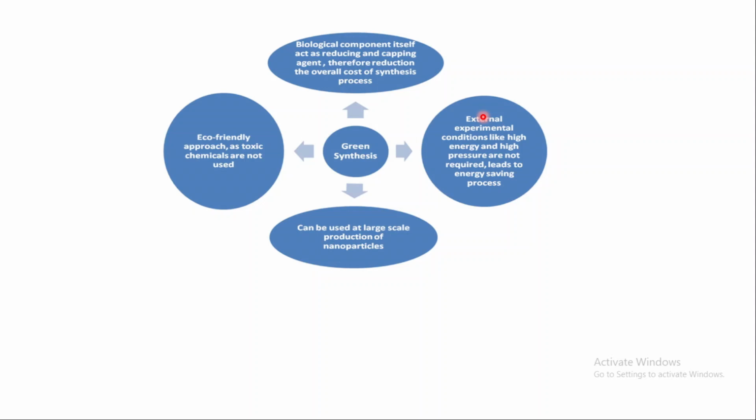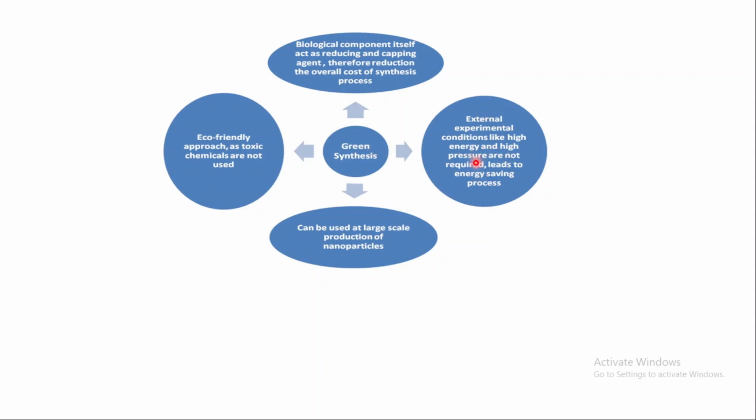And in chemical synthesis also we require emulsifying agents, salt, gel, and polyol synthesis. So these are all required starting materials. We require certain conditions, drying process, dehydration process. So nothing is required in the green synthesis method.